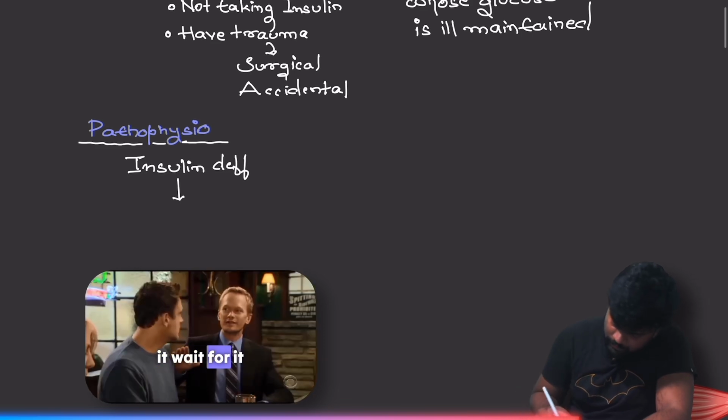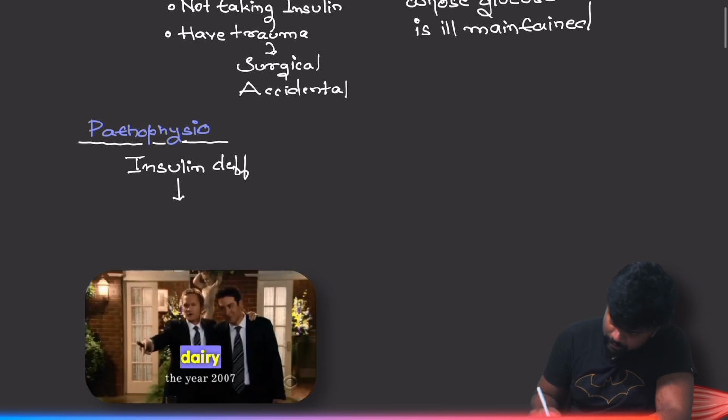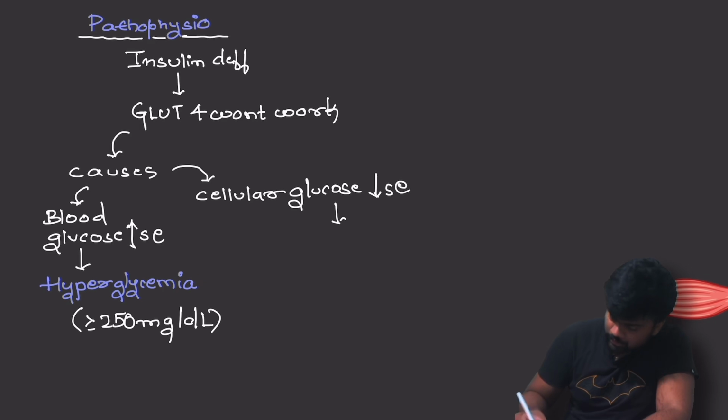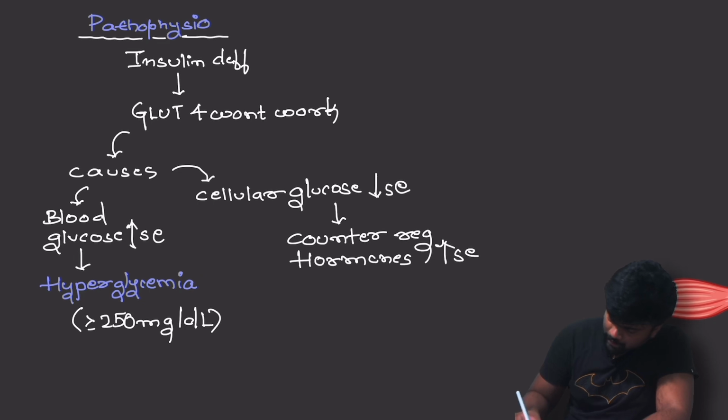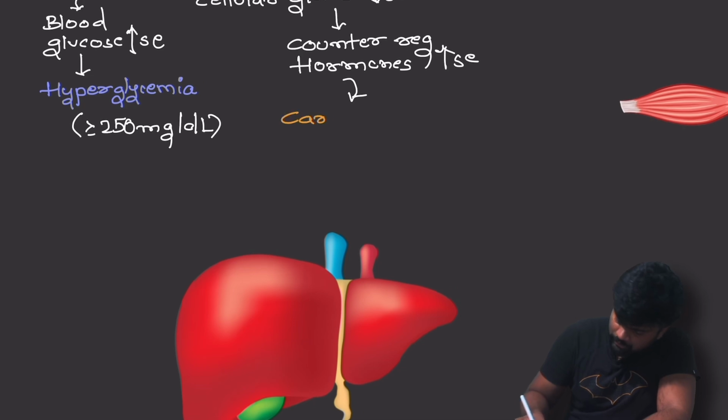It is usually greater than or equal to 250 milligram per deciliter in DKA patients. When cellular glucose decreases, counter-regulatory hormones are activated. I remember these hormones as CAR GATE.